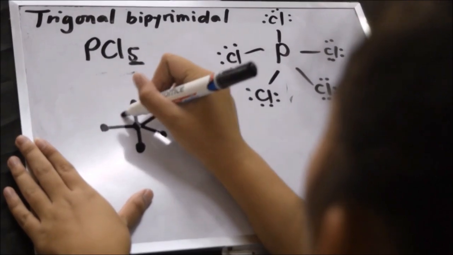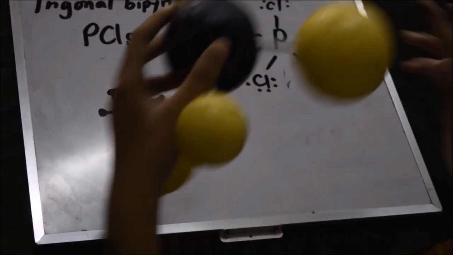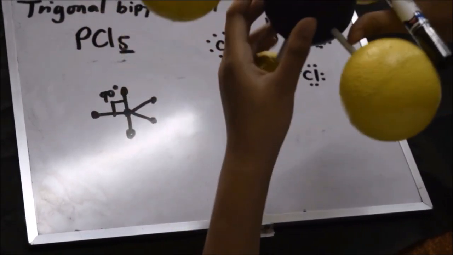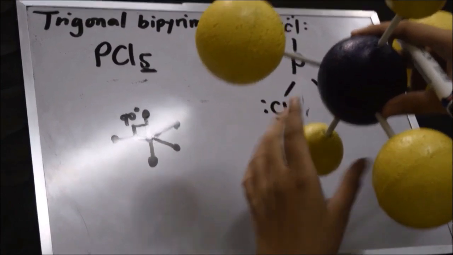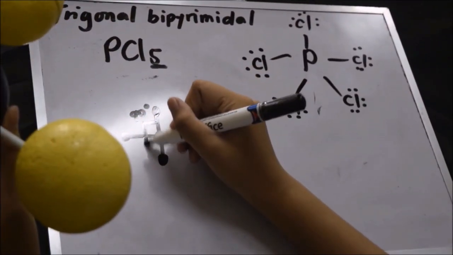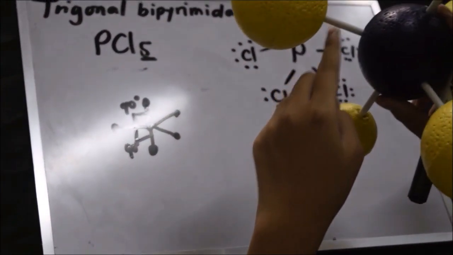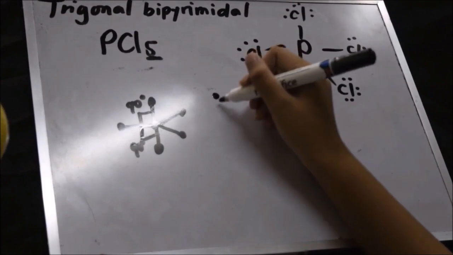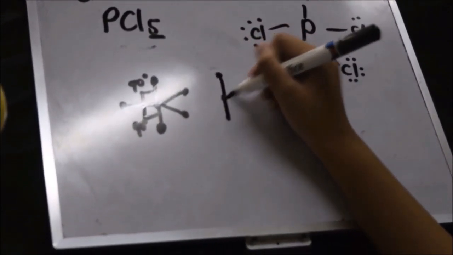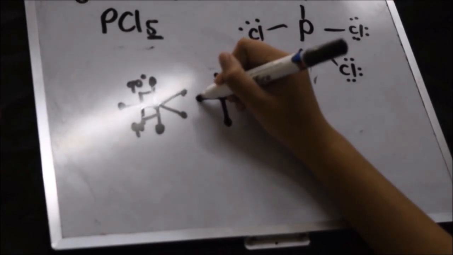Here is a 90 degrees angle, which in this 3D model is between the axial, the central atom, and the equatorial atom, or it can be below. Below the 90 degrees angle is another angle of 90 degrees, which sums up into a 180 degrees angle.